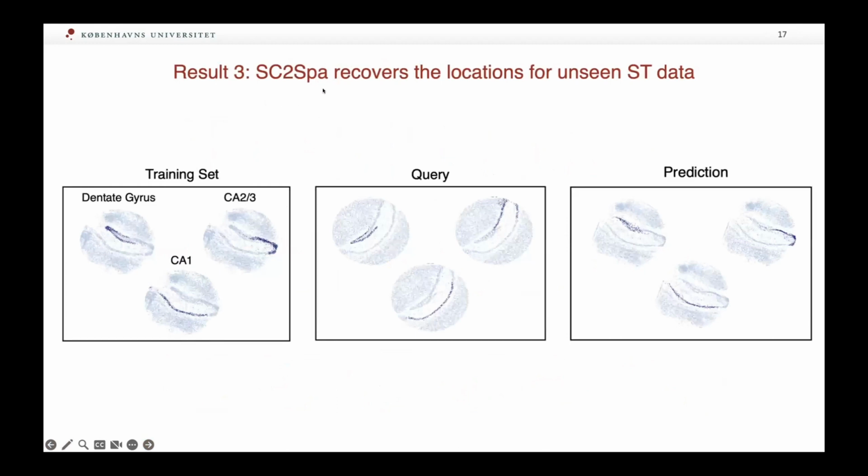And after that, we wanted to see if SZ-SPA has been overfitted. So we trained SZ-SPA on one slide from Stereo-seq V2 data and predicted the location of voxels from another slide. So here is our training set, and here is our query, and here is our prediction. We can see we recovered the location of the cells very well.